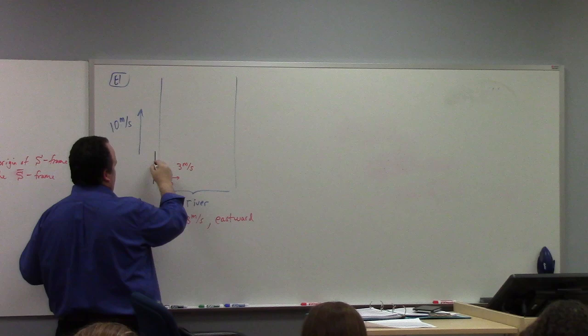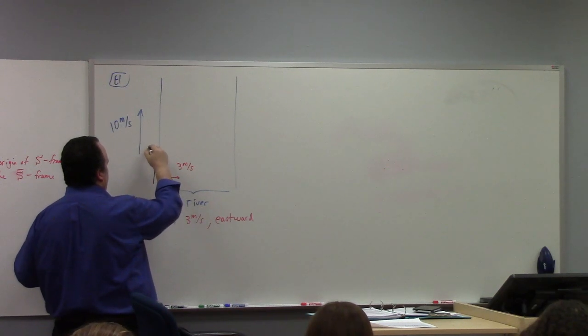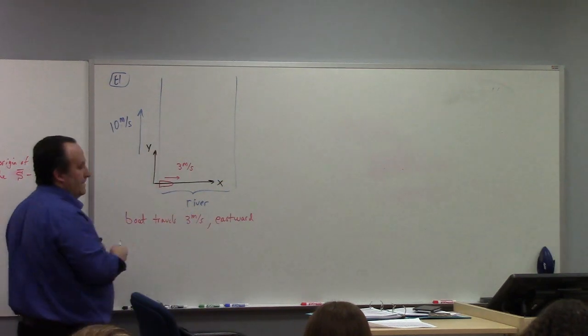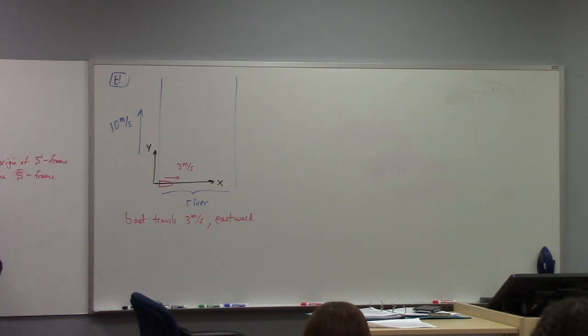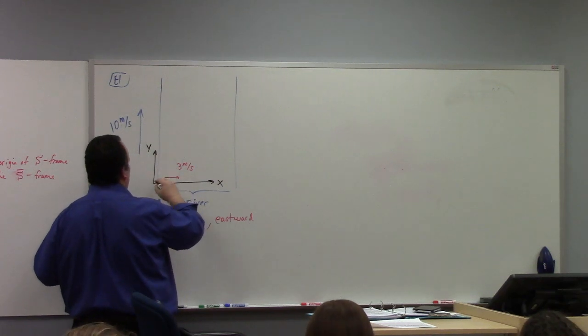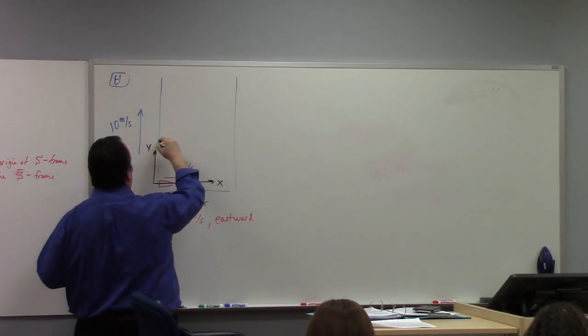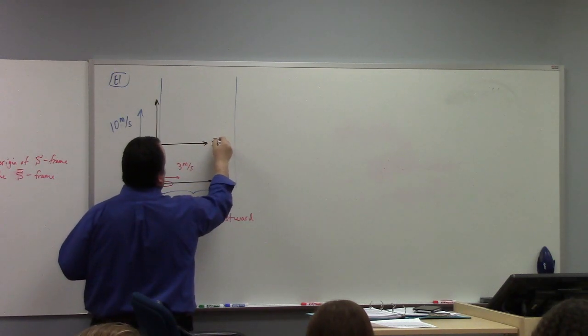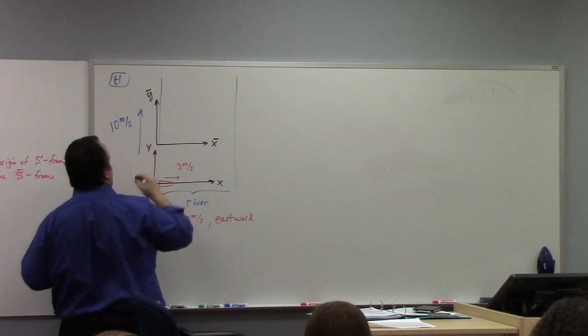So let's suppose that I can make a fixed inertial frame of reference, y, x like this. And then I can think about a frame that moves with the boat. I'm thinking about a frame of reference that moves with the river.